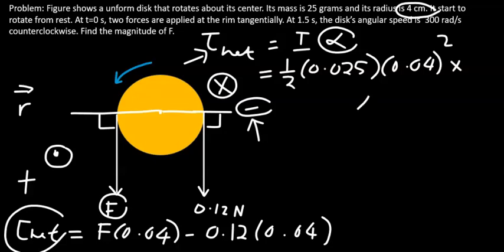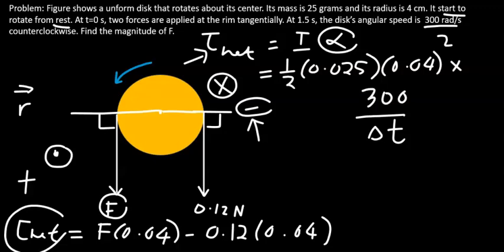Or in non-calculus language, the change in angular speed over the time interval. We know that it starts from rest, and then at some point its angular speed is 300. So that means delta omega is just 300, and it occurs in a time interval of 1.5 seconds right there. So that's your alpha.